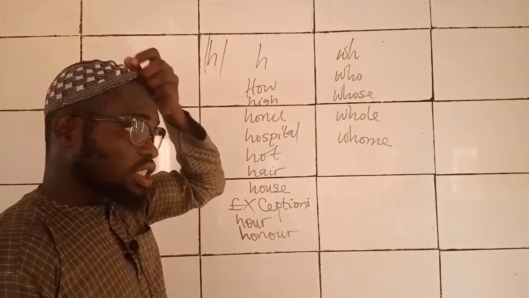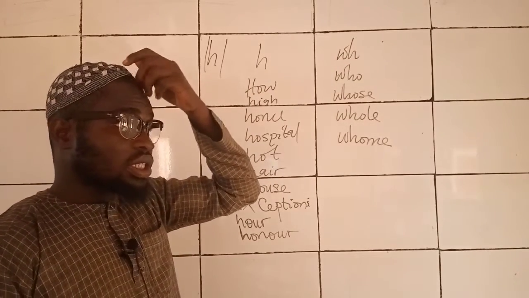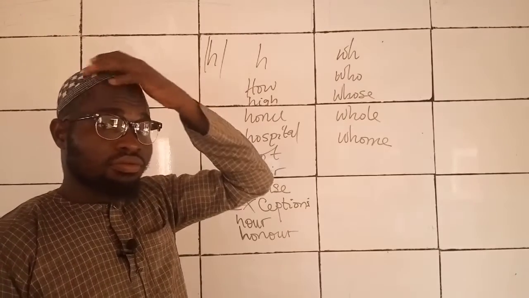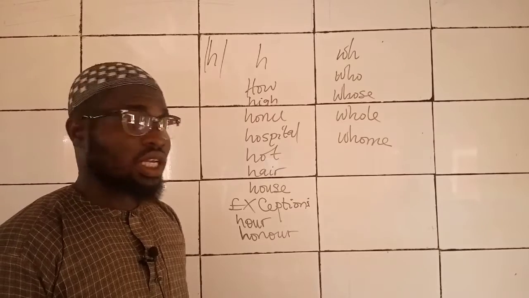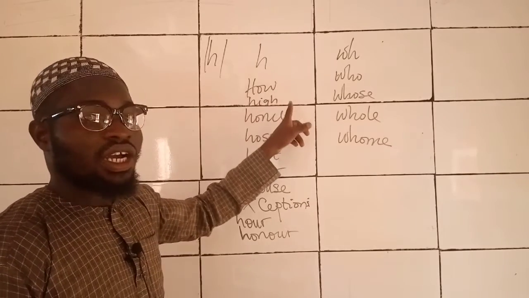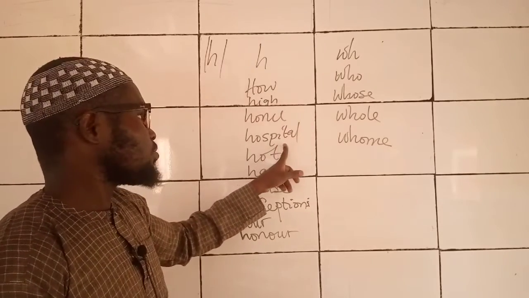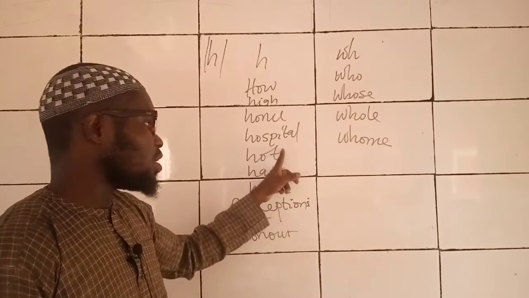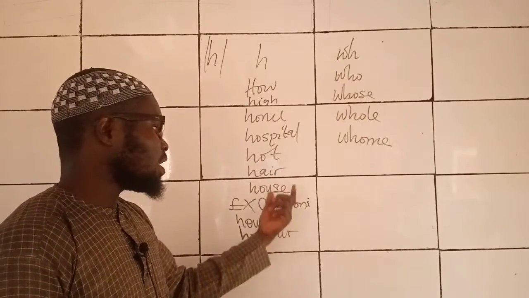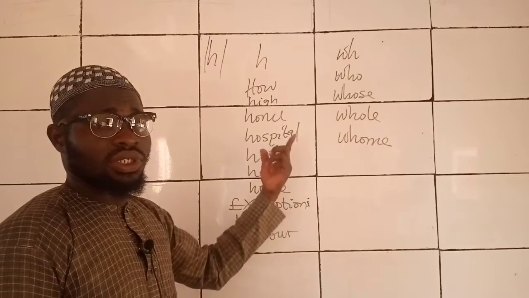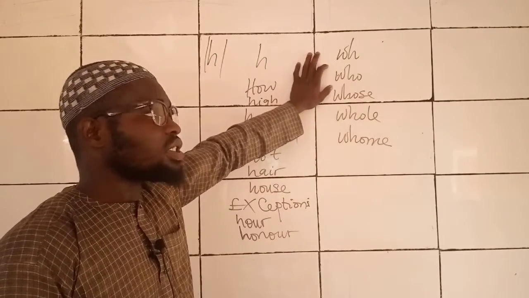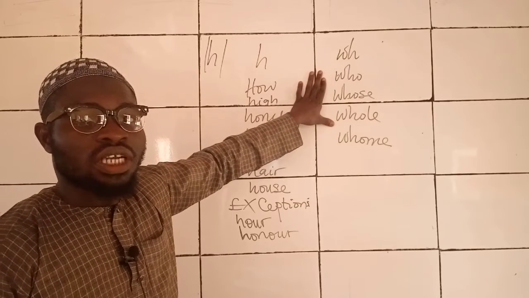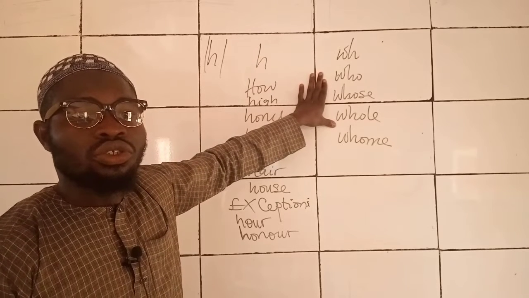Letter H, when it occurs at the initial position, most of the time is realized. So we have how, high, hospital, home, heart, hair, and house. These are all realized. Then we have WH.